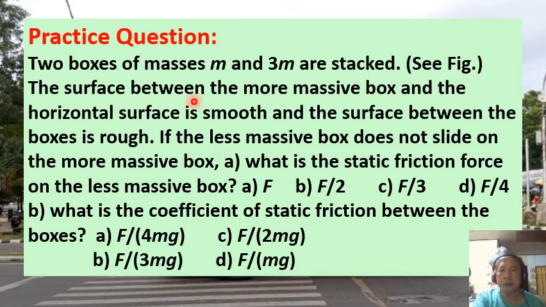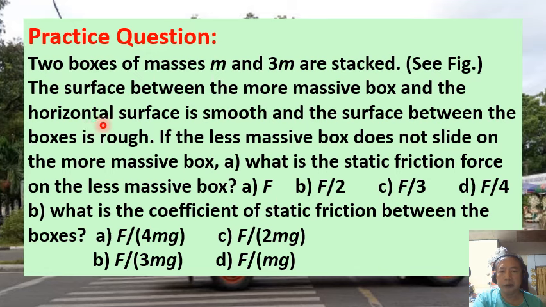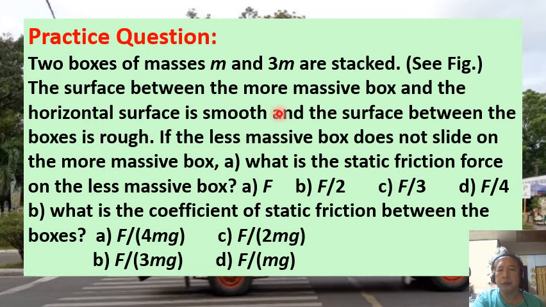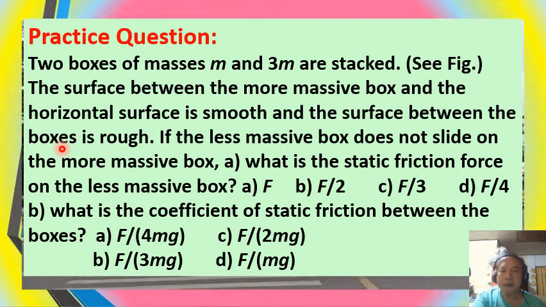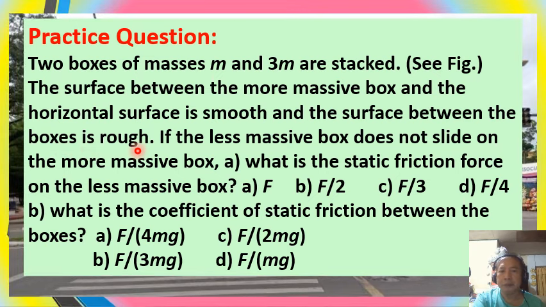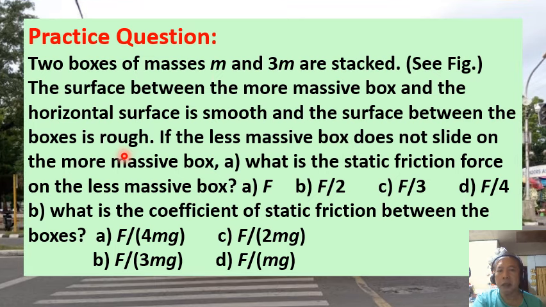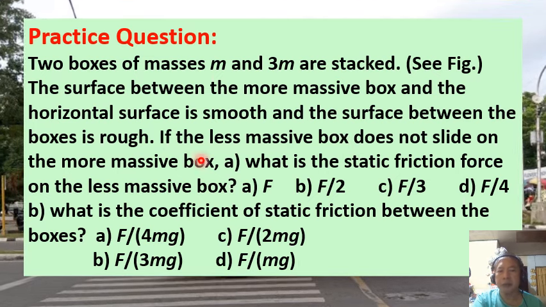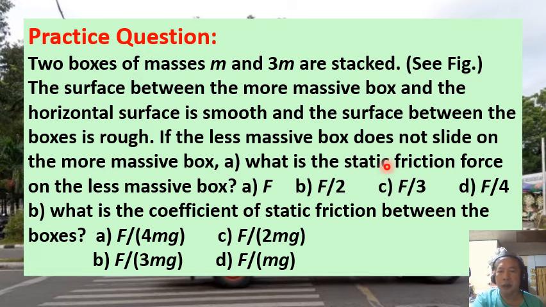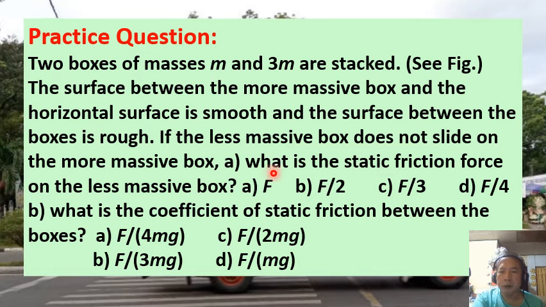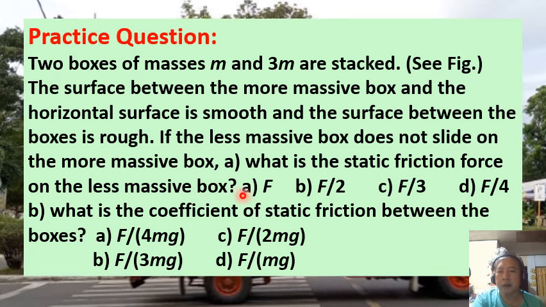The surface between the more massive box and the horizontal surface is smooth, and the surface between the two boxes is rough. If the less massive box does not slide on the more massive box, letter A, what is the static friction force on the less massive box?